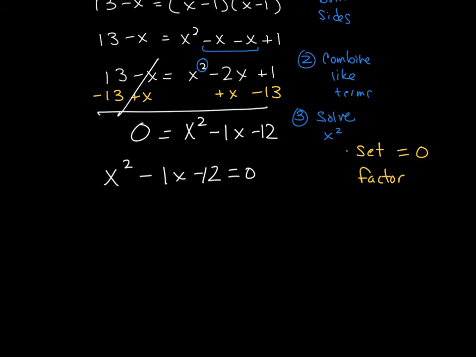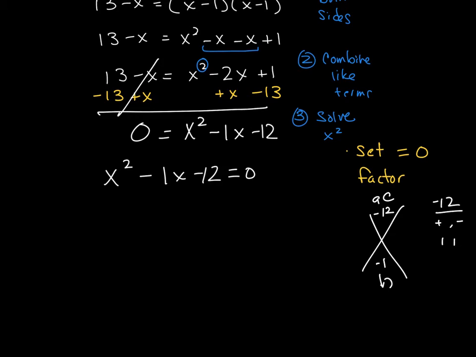All right, so a quick review of factoring. This is a times c over b. So that's going to be negative 12 over negative 1. So I take a look at the factors of 12. One of them has to be positive, one of them has to be negative.